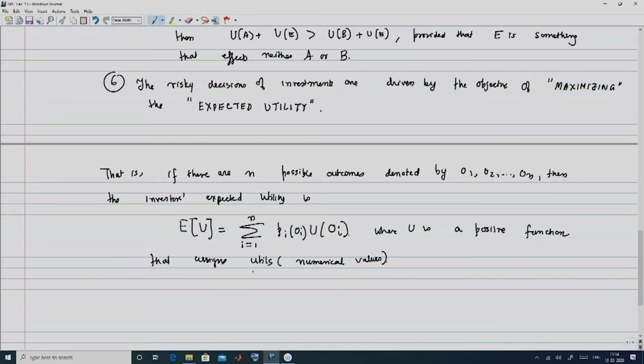So, these numerical values are something which we will call as the utils, and this assigns utils u of oi to outcome oi with respective probability of pi of oi, which is the probability of oi occurring.